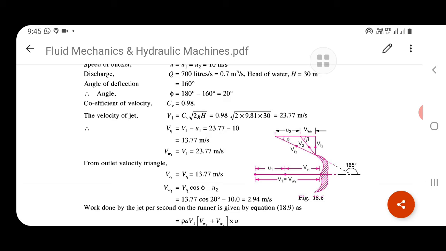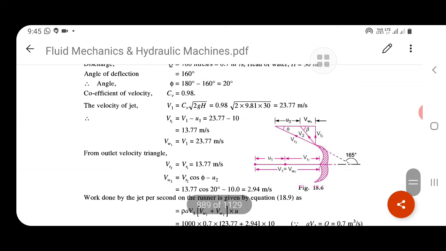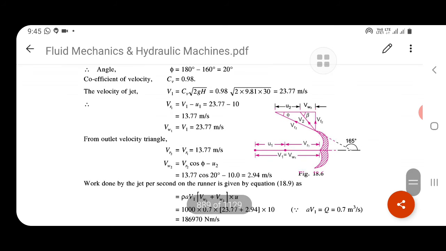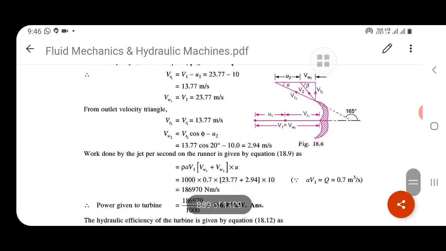So Vw1 is 23.77. Next, in the outlet triangle, Vr2 is equal to 13.77. So Vw2 is equal to Vr2 cos phi minus u, that is 13.77 cos 20 minus 10, so 2.94. The work done is rho A V1 (Vw1 plus Vw2) into u.